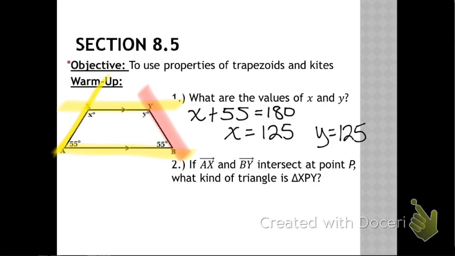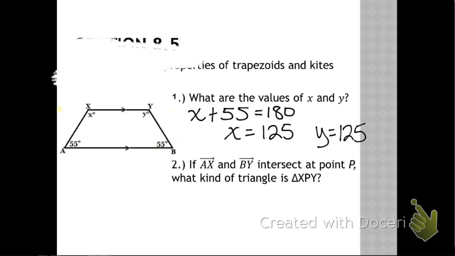All right, warm up number 2. I need to use this same diagram, but I'm going to need to make a little space above it. So this one says that if we have rays AX and BY, so ray AX would be on this left side of my diagram.